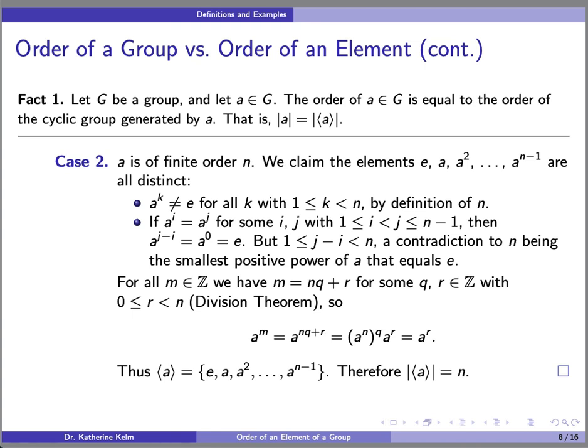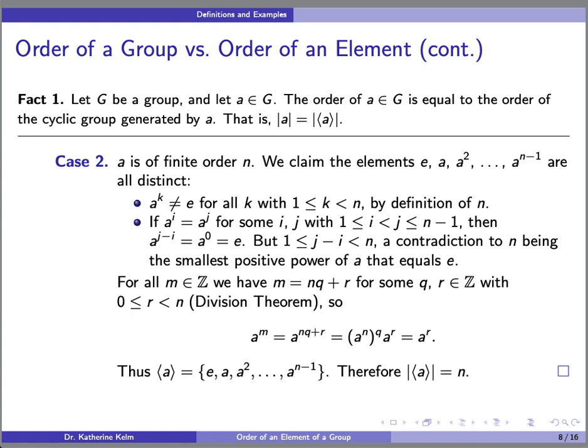Because remember that the order of A is the smallest positive integer that we can raise A to get E. So we certainly cannot raise A to any smaller power than n to get E.